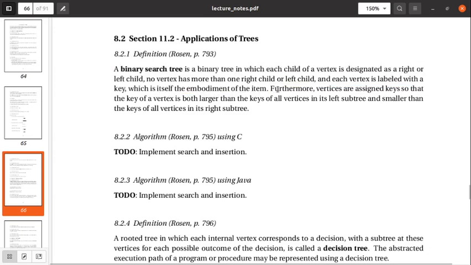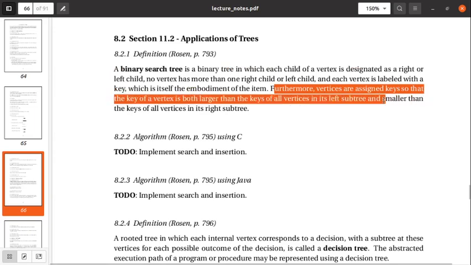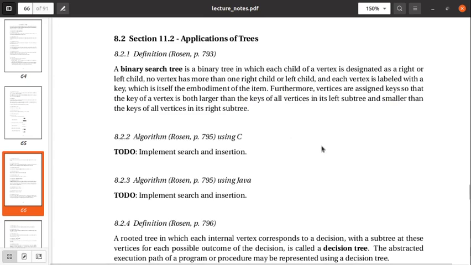Furthermore, vertices are assigned keys so that the key of a vertex is both larger than the keys of all vertices in its left subtree and smaller than the keys of all vertices in its right subtree. So essentially, it says that the midpoint of any subtree should be the root, right?